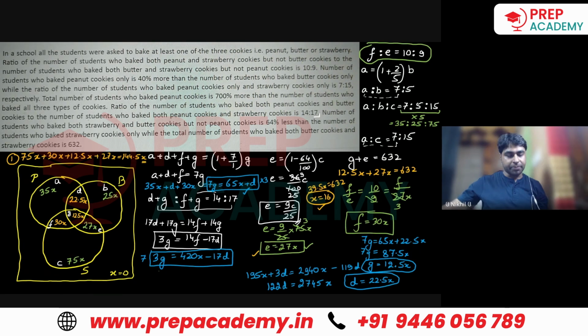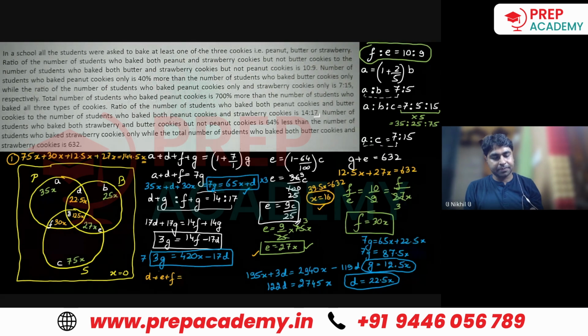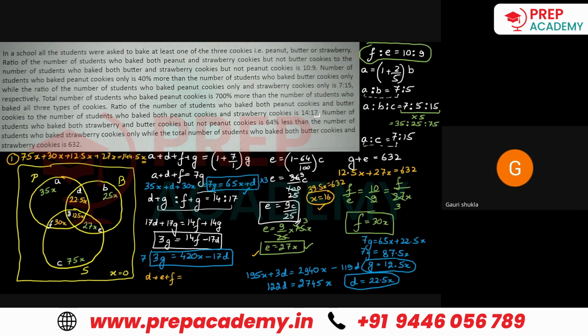The next question: the number of students who baked exactly 2 types of cookies. Exactly 2 types would be D, E, and F. So D plus E plus F value it is asking us. So that would be 30 plus 27, 57. 57 plus 22.5, what is that? 79.5.